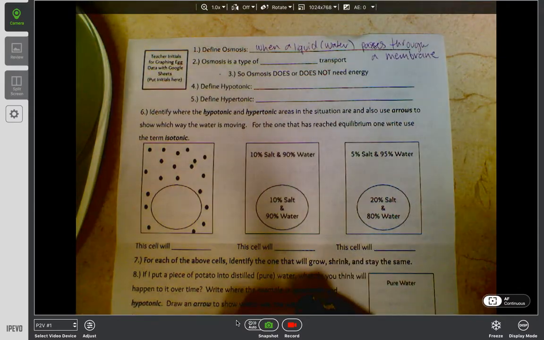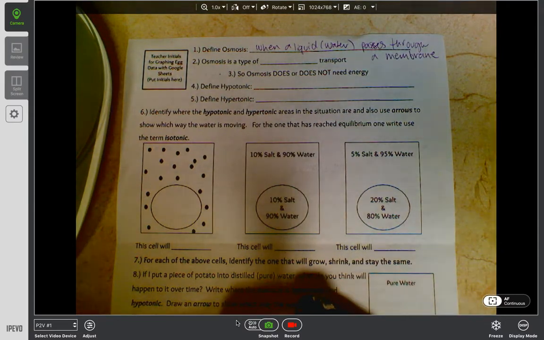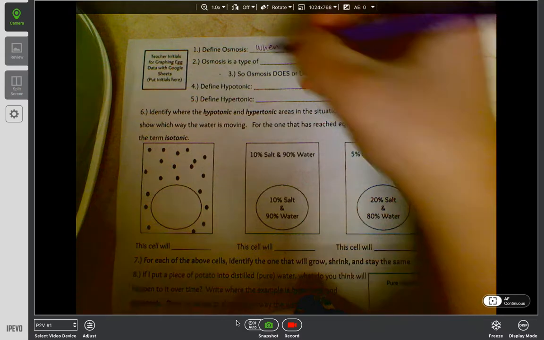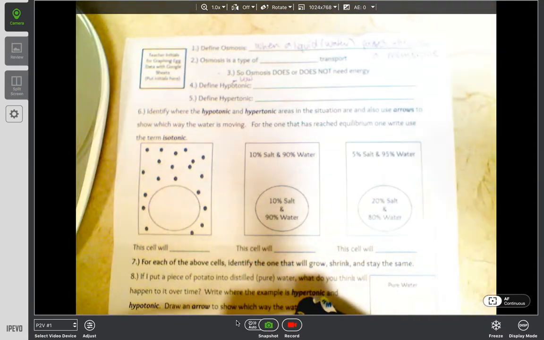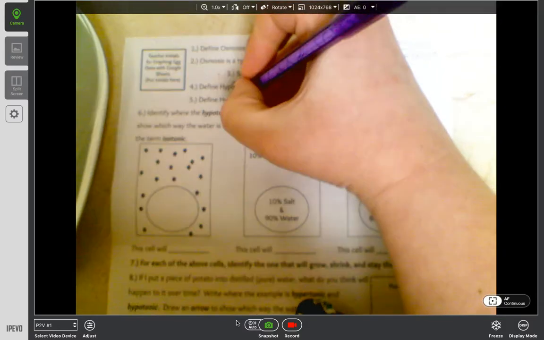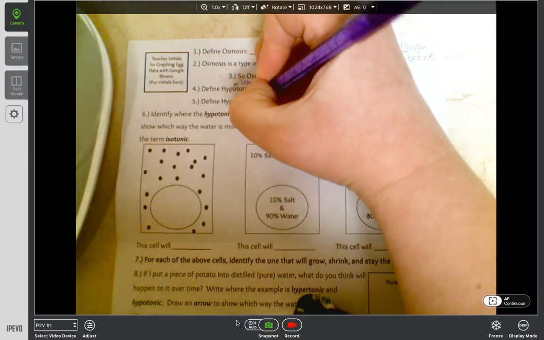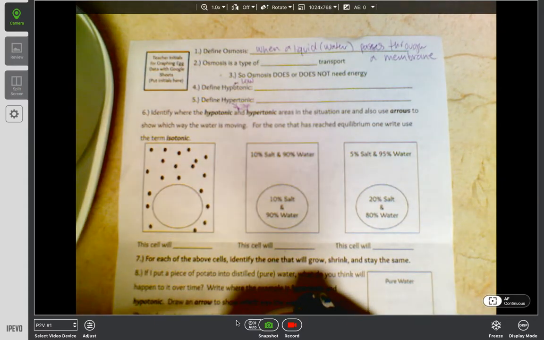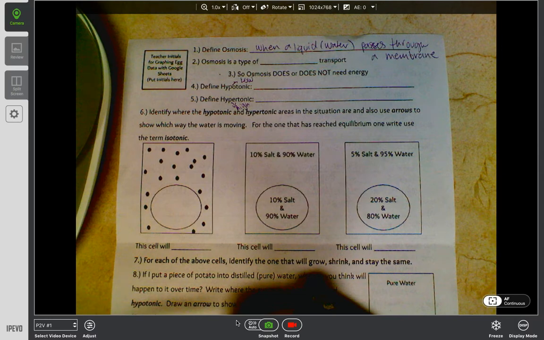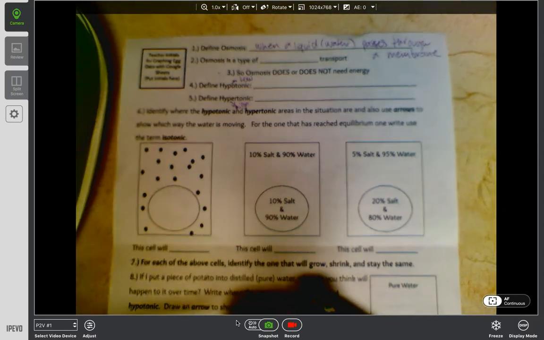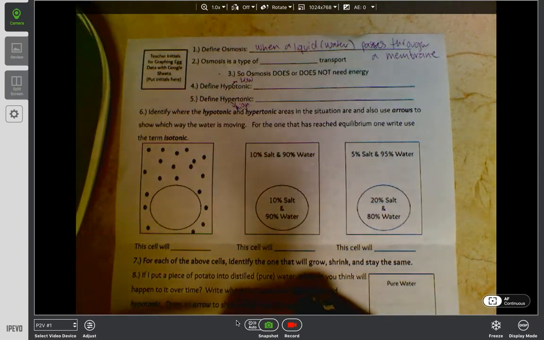Then we have something called hypotonic and hypertonic. In the video, they talk about hypo as being low, so that's a way to remember it. Hyper, high. So if we look at our roots and prefixes here, hypo is where there is a lower concentration of solute. Hyper is where there is a higher concentration.